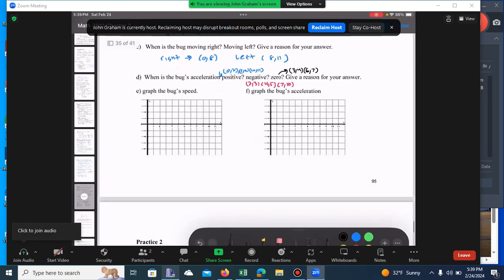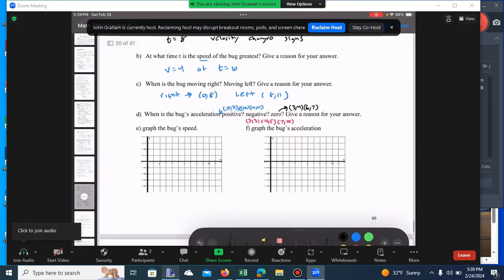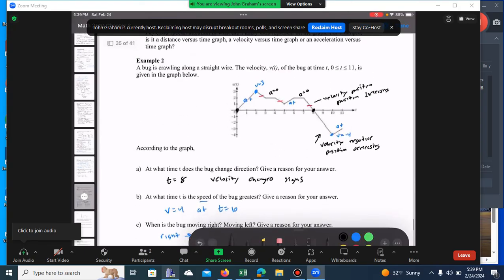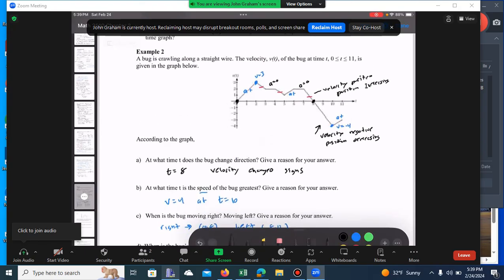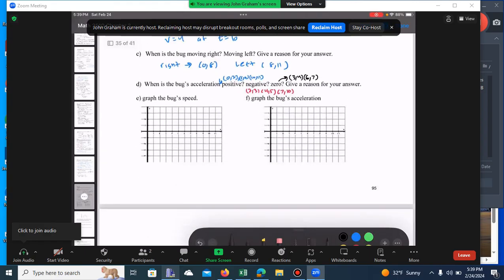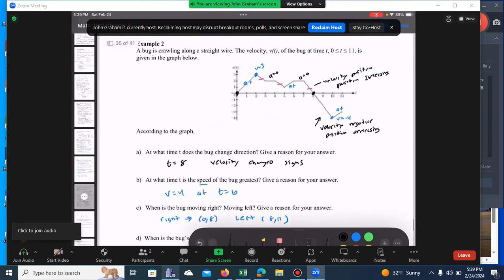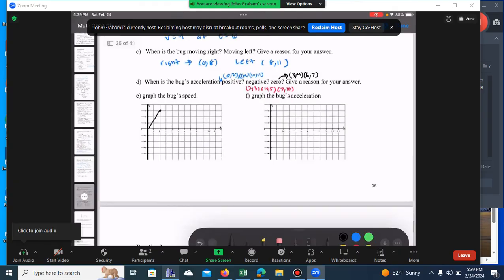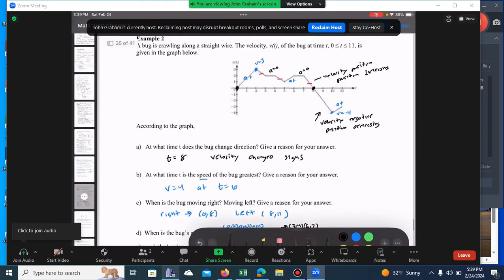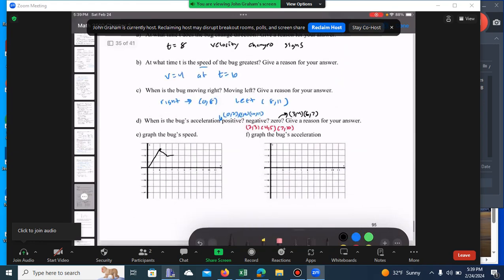Right, so graph the bug's speed. Now, good thing is the graph looks pretty much the same. It goes from 0 to 3, and it's pretty much the same until you get to the part where it gets negative. So it drops down 1, then goes constant for 1 second, then drops down 1 again, then goes up 1, then goes constant.